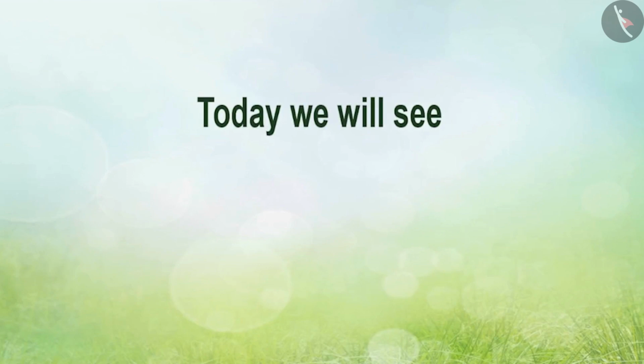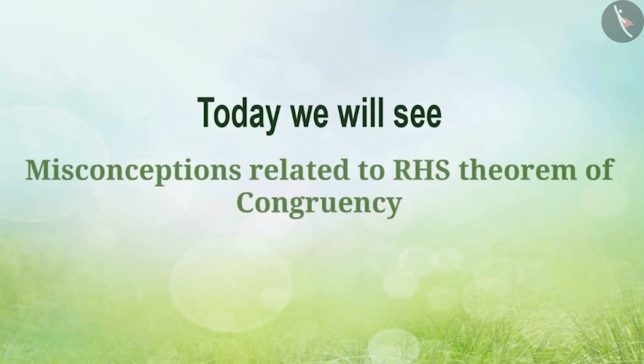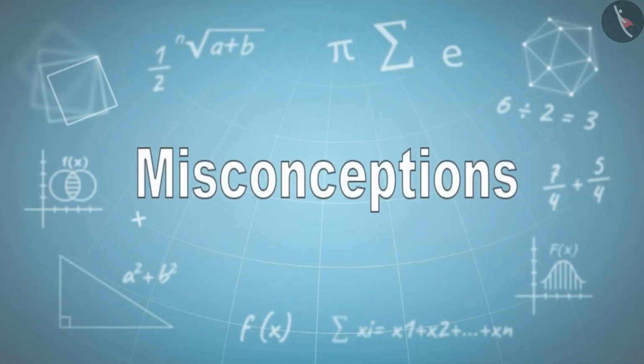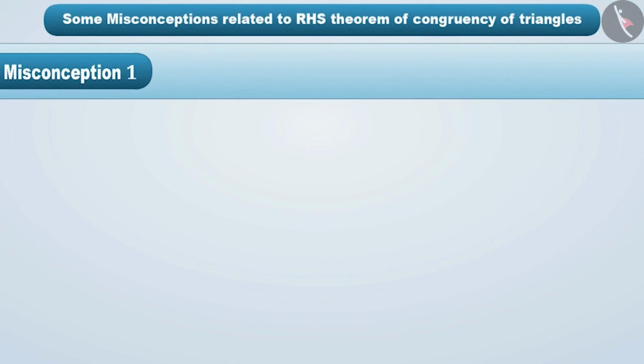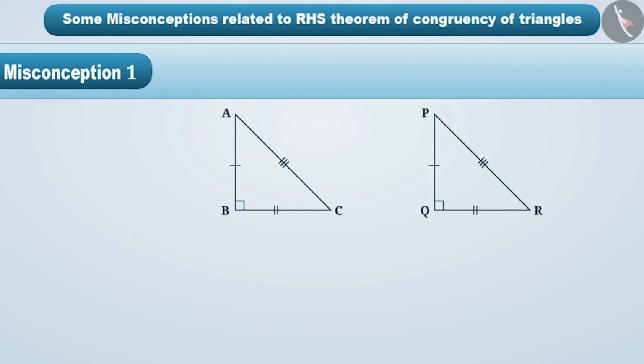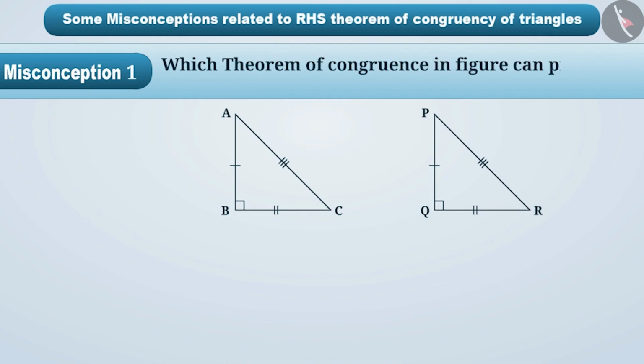Today we will see some misconceptions related to the RHS theorem of congruency of triangles. Misconception 1. In the figure shown below, which theorem of congruence can prove that triangle ABC is congruent to triangle PQR?